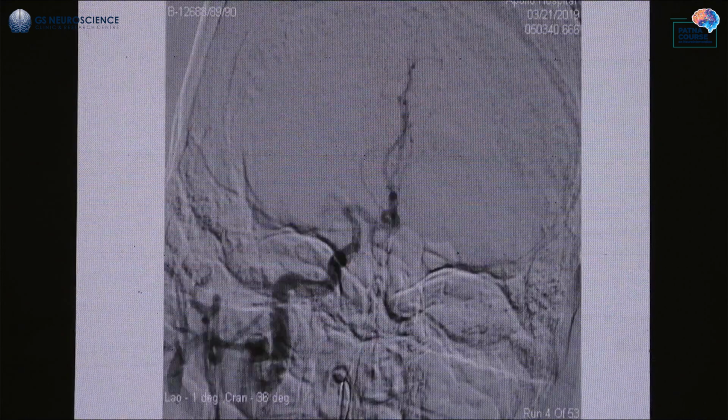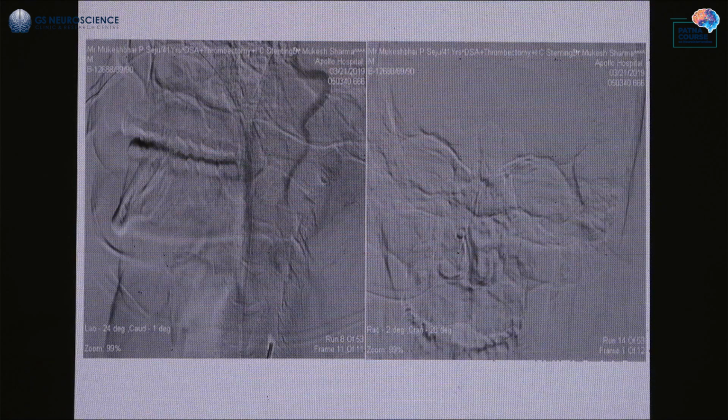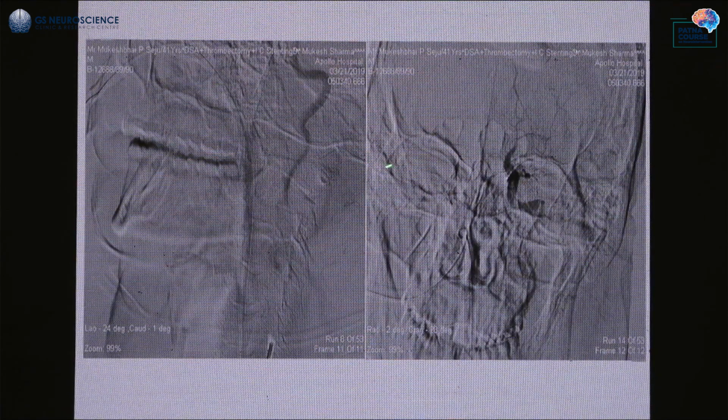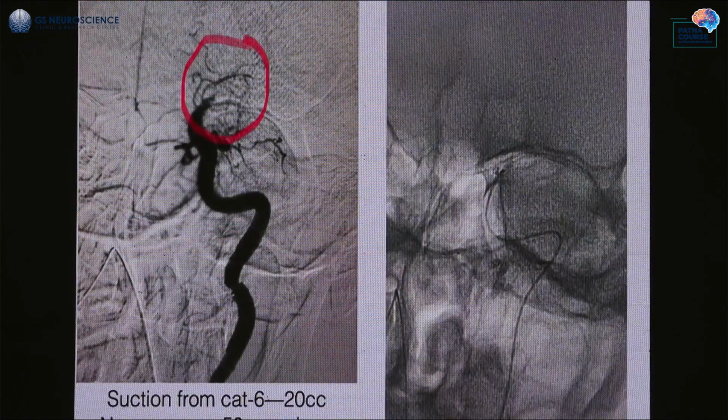Okay, so this is the first angiogram from the left side. Now, the ICA is not occluded from the proximal segment. It is the terminal ICA. So, the same way I usually go, aspiration.